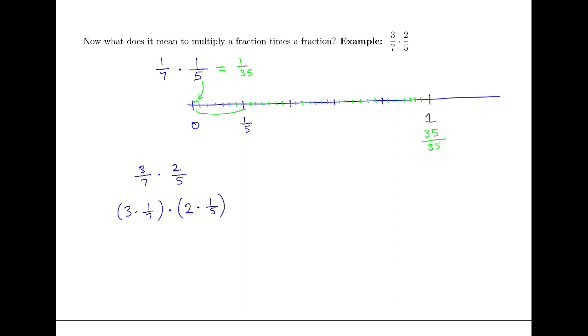Now all of this is multiplication, and so when we have all multiplication, we can actually rearrange and regroup the numbers because multiplication is both commutative and associative. Associative means we can regroup as long as the only operation there is multiplication. So I can rewrite this as 3 times 2 times 1/7 times 1/5.